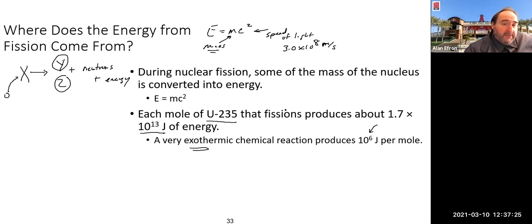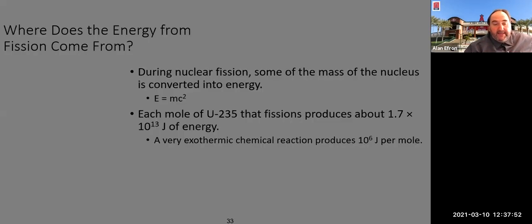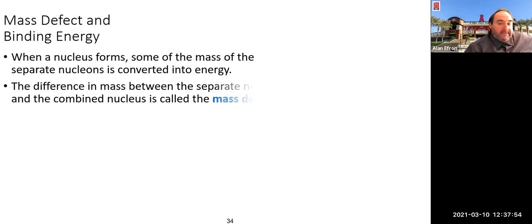So when these processes occur, and when a nucleus forms, there is a difference between the mass of the isotope and the mass of all the particles that make up the nucleus. That little bit of mass gets converted into energy in this process, and that is what is sometimes referred to as the mass defect.